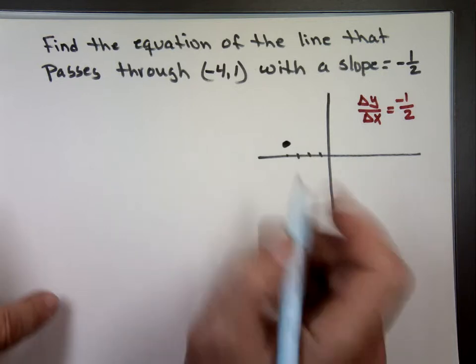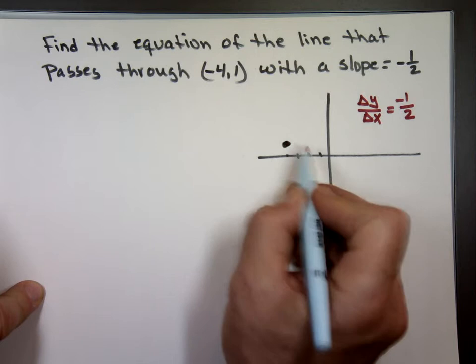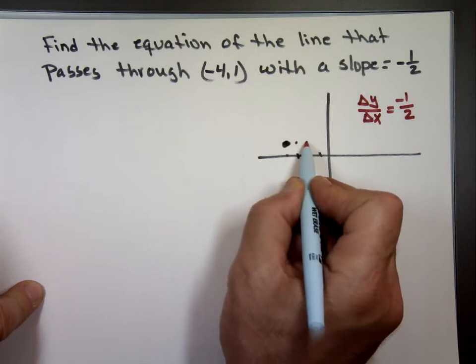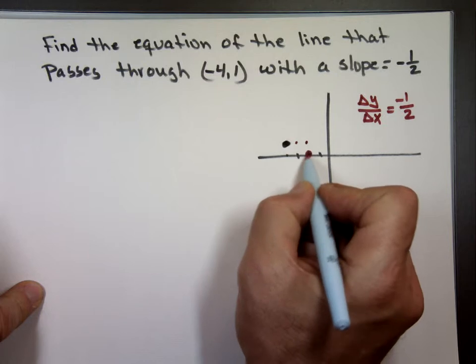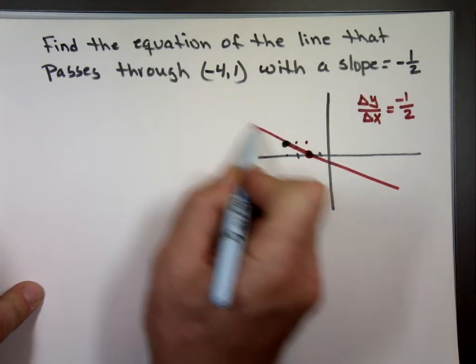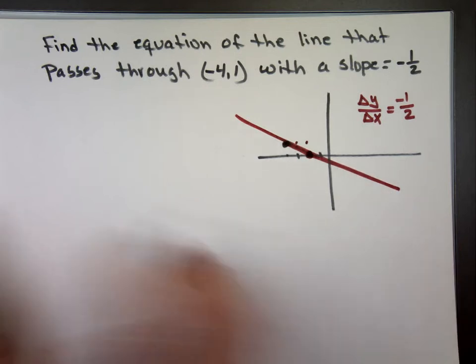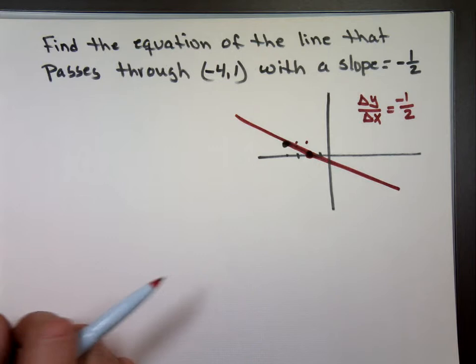That means if you increase x by 2 units, you're going to drop the y value by 1. That's your second point. So the line will look like this. It's coming down.